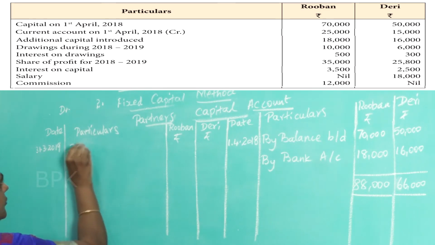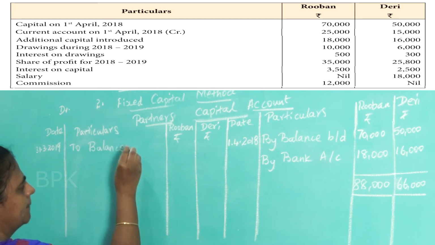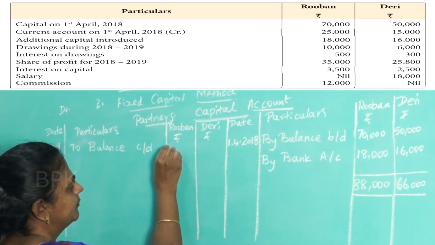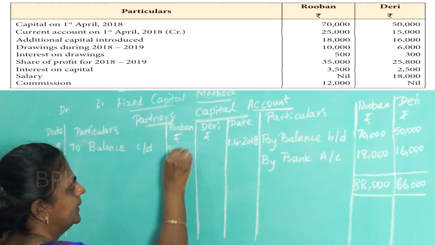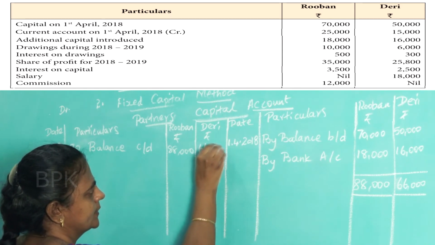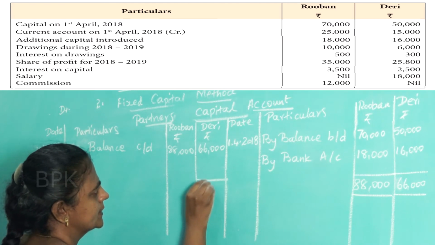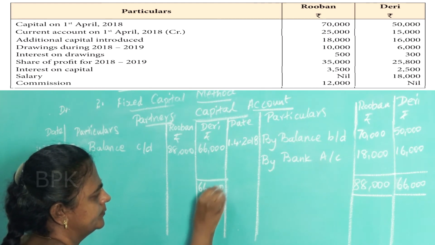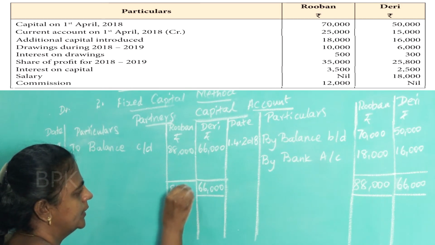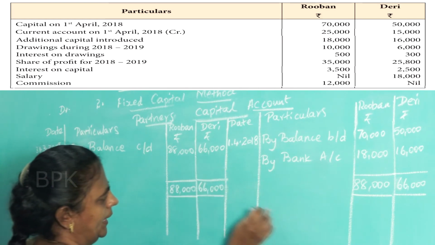So here you write to balance carried down 88,000, 66,000. Then put the total, then bring down the balance.